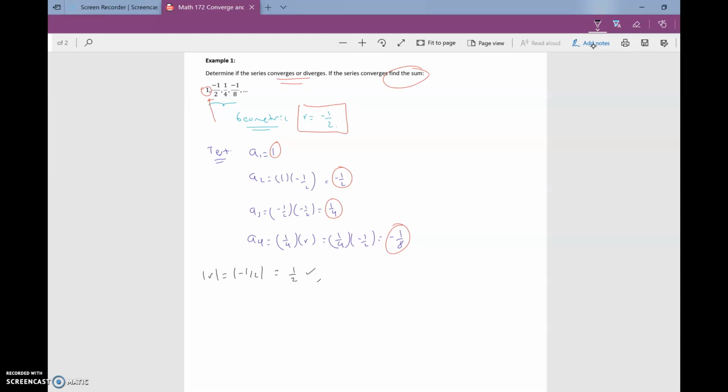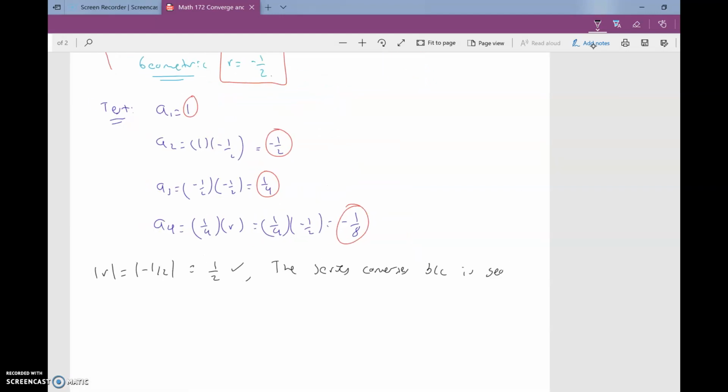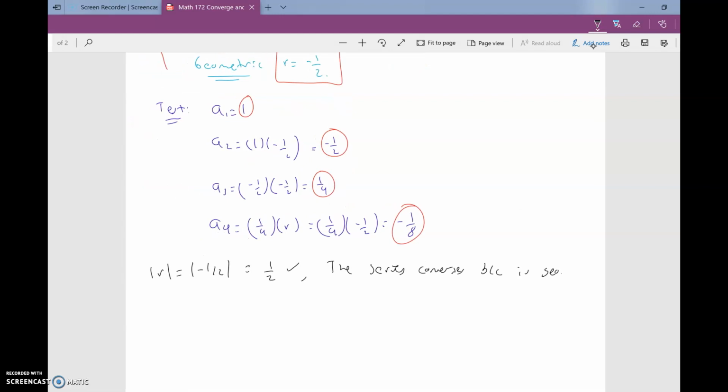So we can say on this one that the series converges. You can simply say because it's geometric, with R being negative a half.